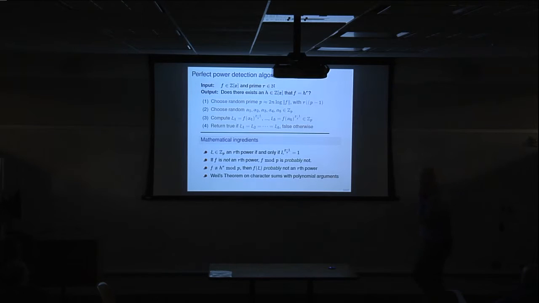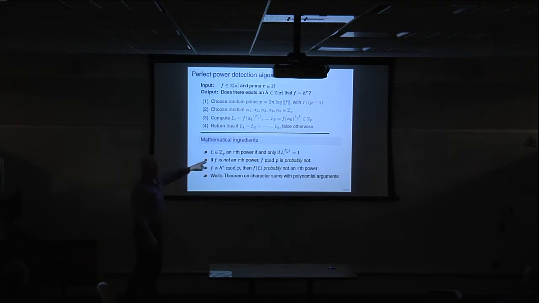And so why? Well, the reasons are not that surprising. The proof is more difficult. So psi in Z_p is an rth power if and only if, when I raise it to the power of (p minus 1) over r, it is equal to 1. So that's an algebraic way of detecting whether something is an rth power.